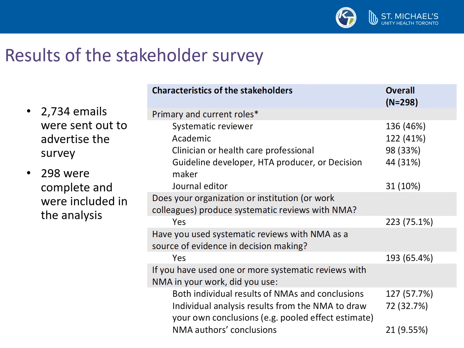About 10% were journal editors. And about 75% said that their organization or institution produced systematic reviews with network meta-analysis. Again, 65% said that they used network meta-analysis as a source of evidence in decision-making, and the majority said that they would like a tool to analyze both individual results and conclusions in network meta-analyses.